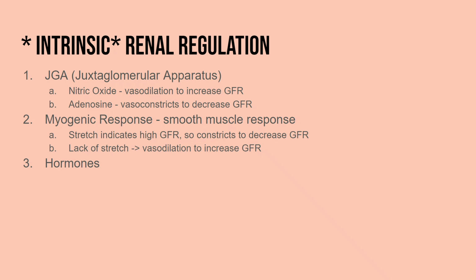In the JGA, if there's a low GFR, which means the glomerular filtration rate is low and not a lot of blood is coming through, then nitric oxide is released.